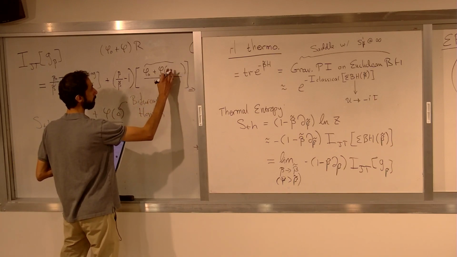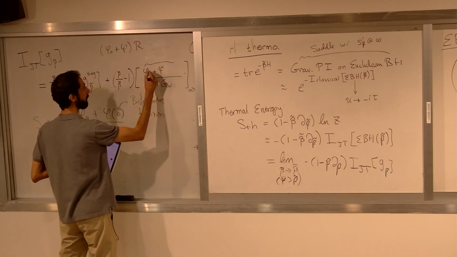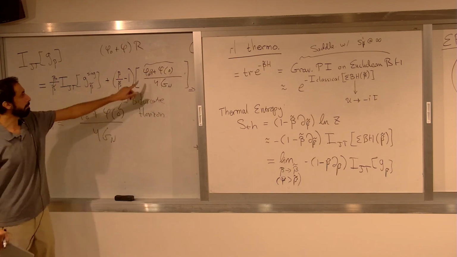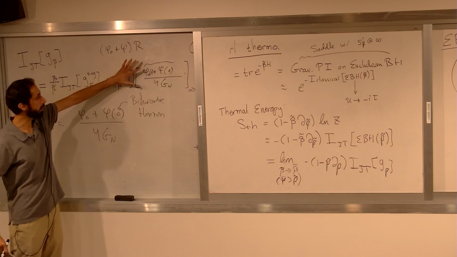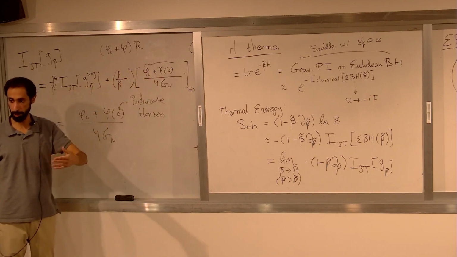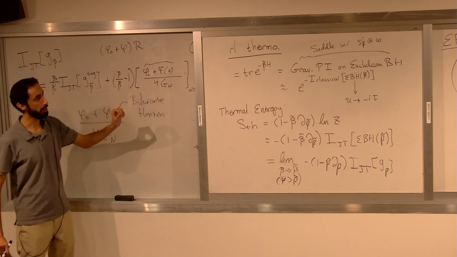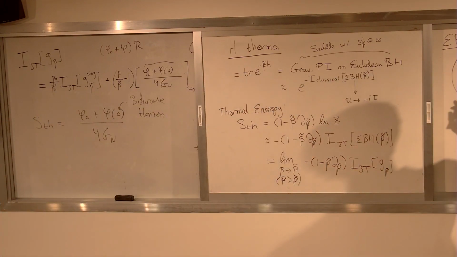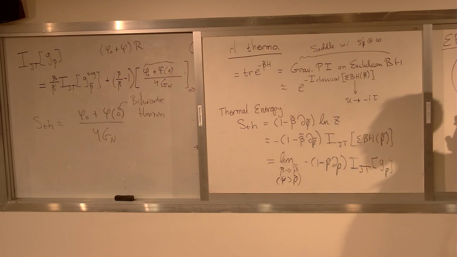Just to stick with notation, it's going to be this thing at 0 and this thing at 0. But phi naught is constant, so it has no argument. But phi depends on the space-time point. And this 0 here is really the center over here, which in the Lorentzian geometry corresponds to the bifurcate horizon.